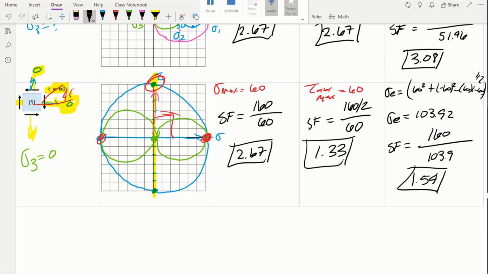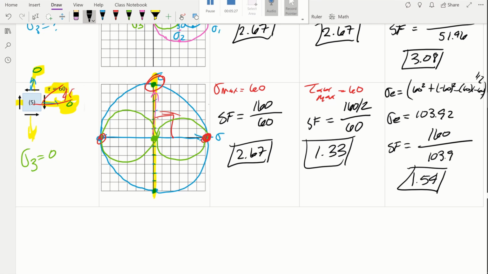We've completed this, the fifth stress state. And we practiced, again, drawing the Mohr circle and applying the maximum normal, maximum shear, and the maximum distortion energy failure theories.